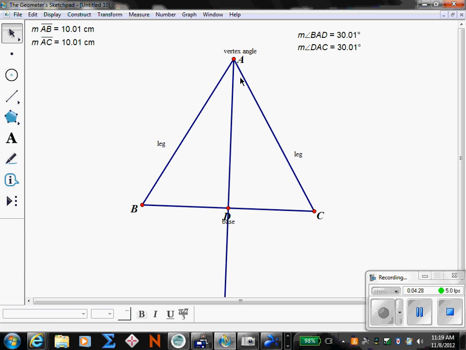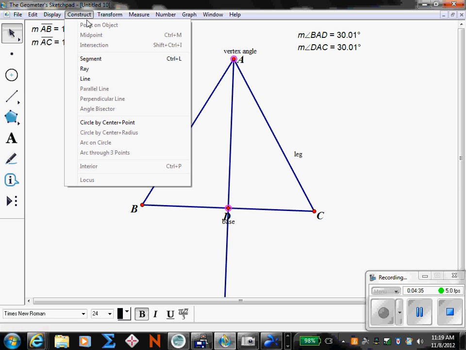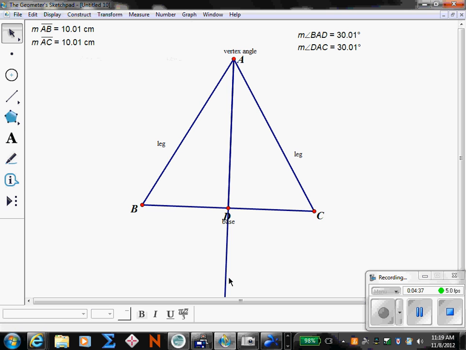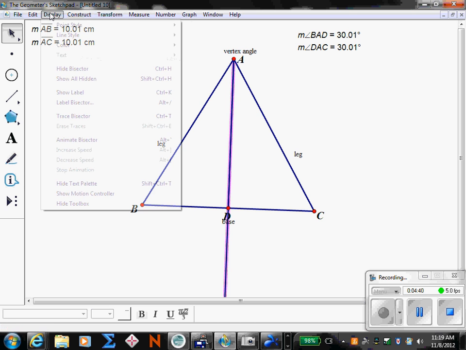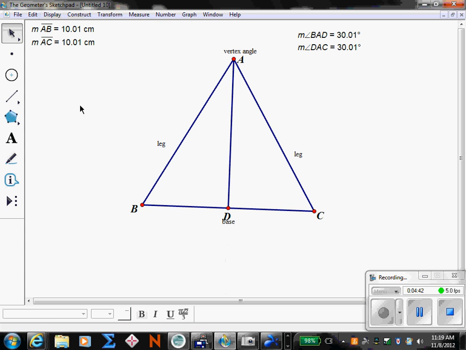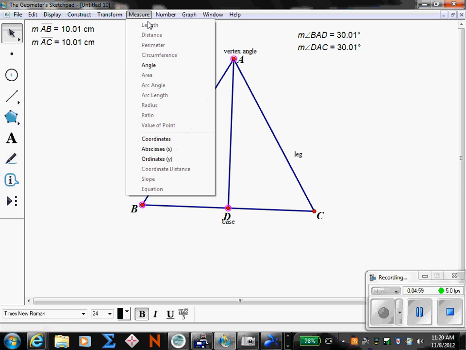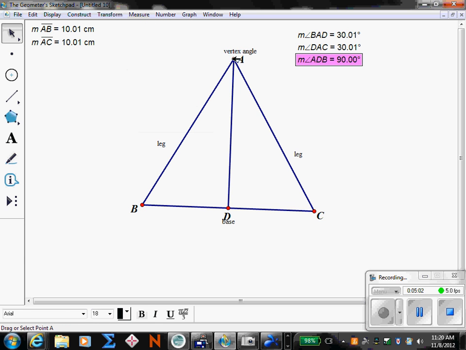It's also perpendicular. So this segment AD is also the median, an angle bisector, and an altitude. So if I measure these base angles down here, you will see that they are 90 degrees.